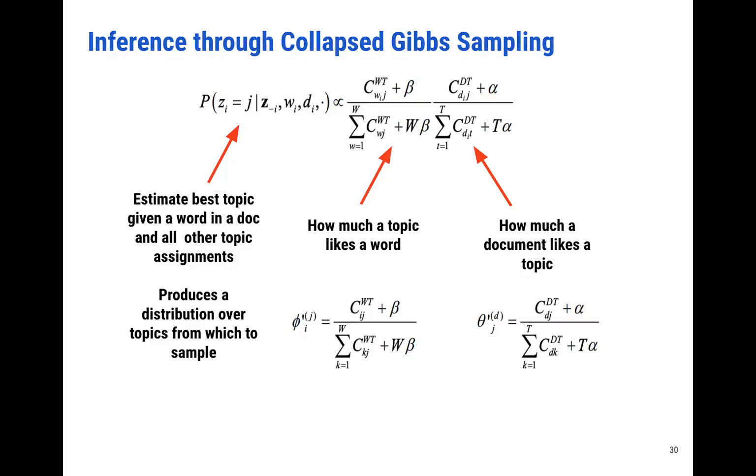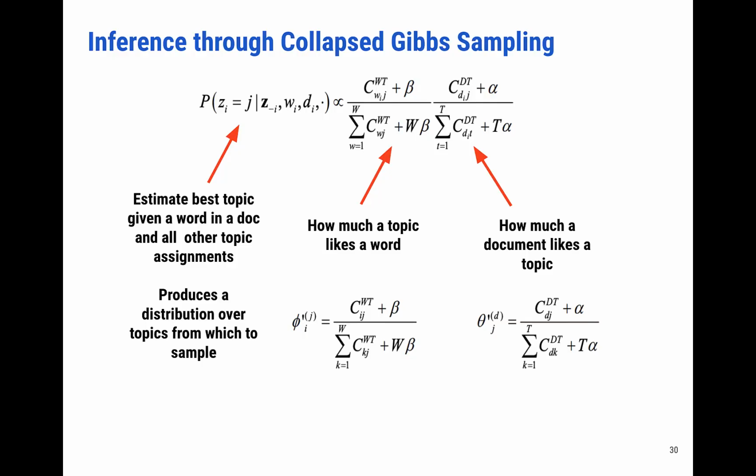You're at a particular row, and you see that you have a document ID and a particular term, and you want to ask how much does a topic like this term, and how much does a document like a topic. Then you multiply these two values, and that gives you a weighted distribution, and then you sample from that to pick your new assignment for the topic, and you keep iterating until you get better and better. And I'll show you what that looks like.